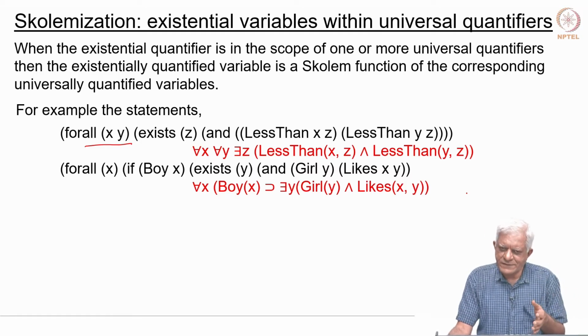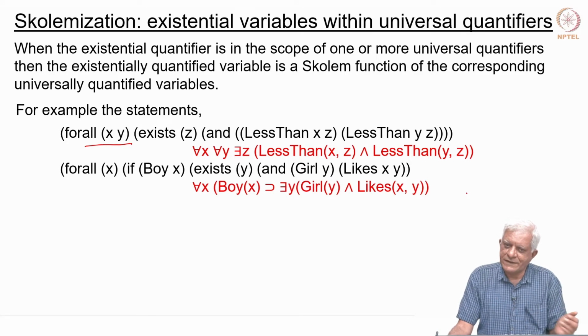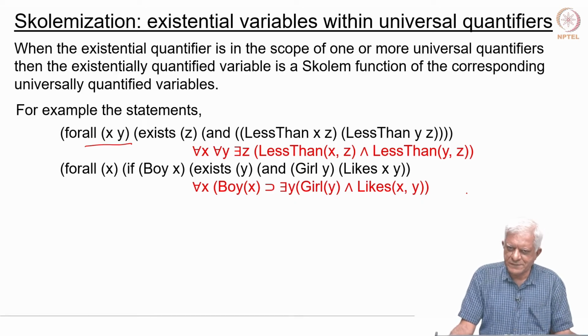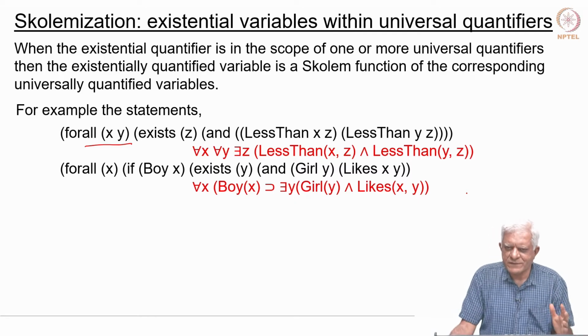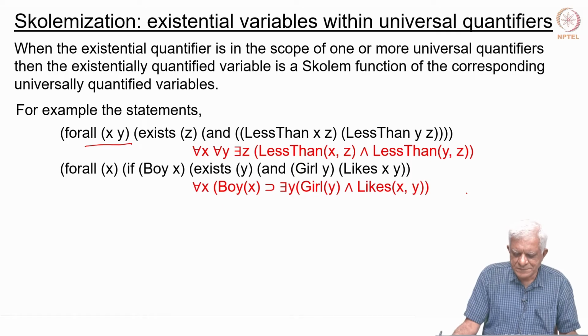In the second case, for every boy there is a girl who the boy likes. We could have said that also in English as every boy likes a girl essentially. So, is that a girl specific to the boy, or is it for everyone? It is not clear in English language. English language is that way ambiguous, but logic makes it very clear essentially here.